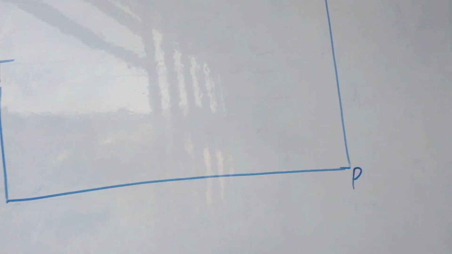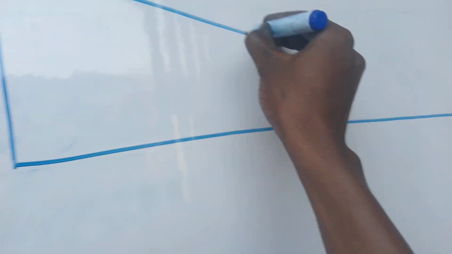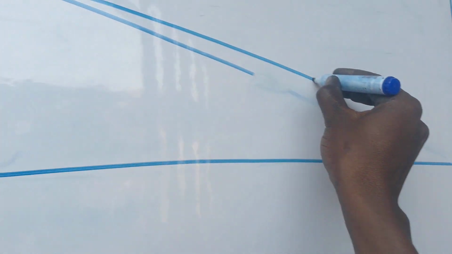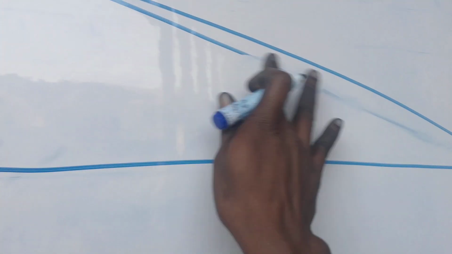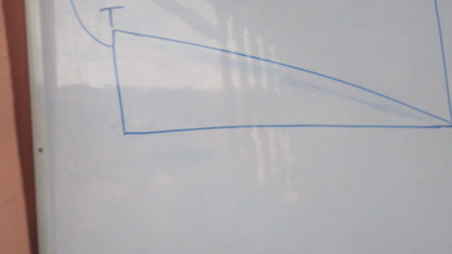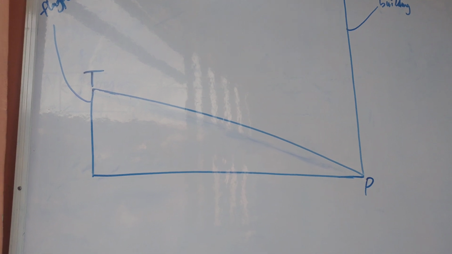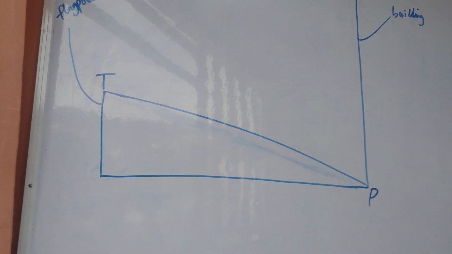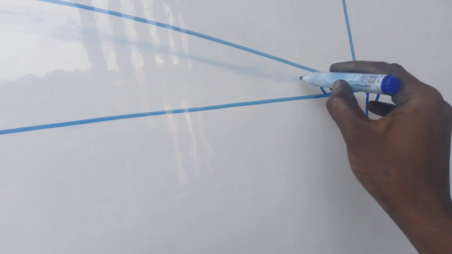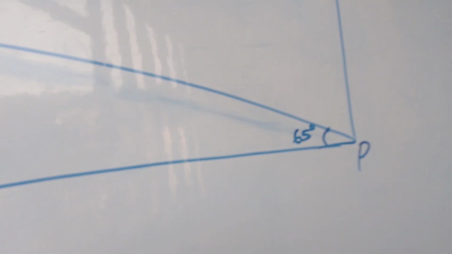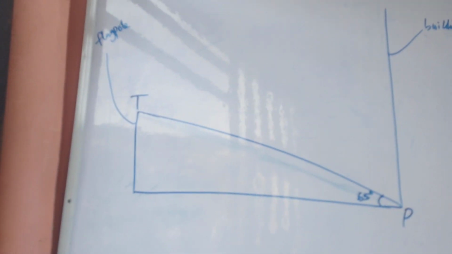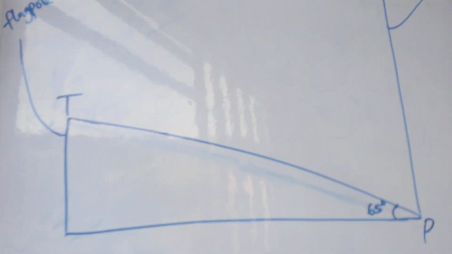So from this point, I'll go down and extend it to point P. From point P, the angle of elevation is 65 degrees. Then from the top Q of the building, the top of the building is Q.